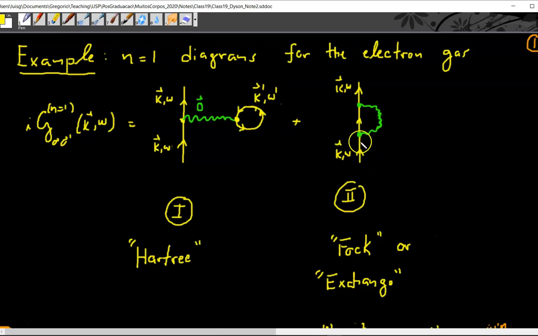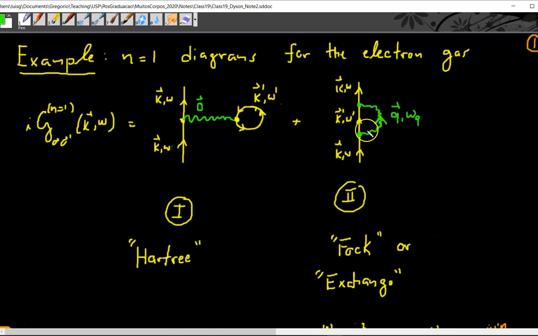Well, here I have, say, K prime and omega prime here, and then I'll have Q and omega Q. What do we have? Well, by conservation of momentum, I have K prime coming, and I'll assign this Q in this direction, right?